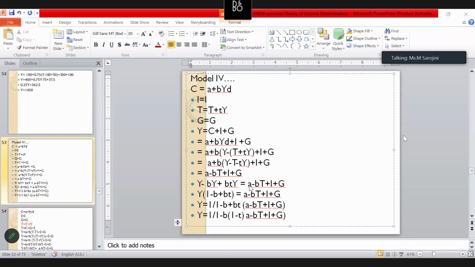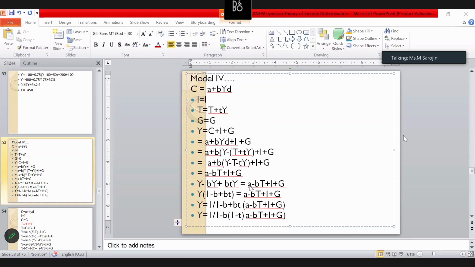Here the equation is Y equals A plus BYd plus I plus G. Here instead of the Yd, we have to substitute Y minus T bar plus tY. Because of this function, tax as a function, for easy purposes, we have to put the expression within the bracket, right?